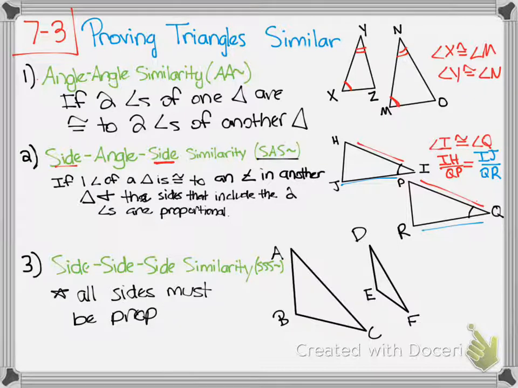I misspelled proportional wrong. All right. So those are the 3 different ways. So here, for that last one, I would need that AB over DE, or ED, equals AC over DF, and that has to equal BC over EF.